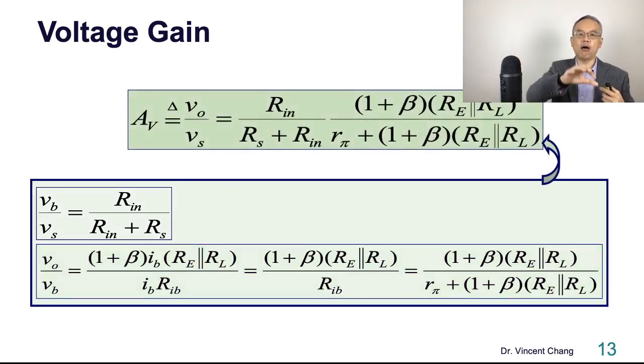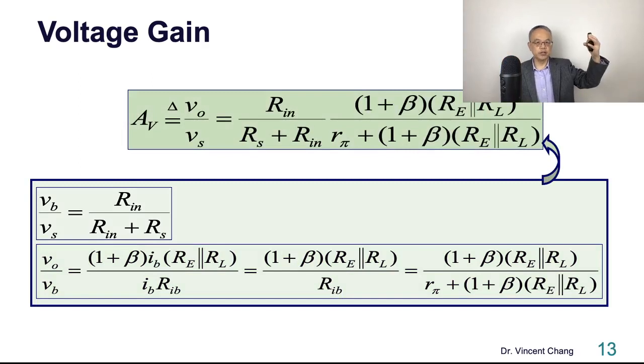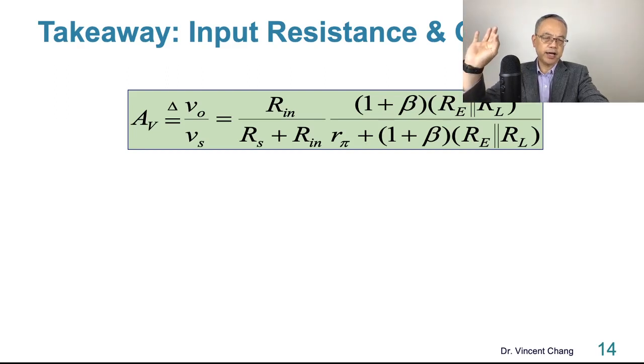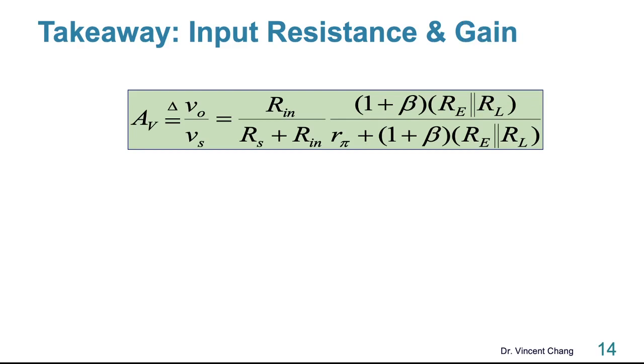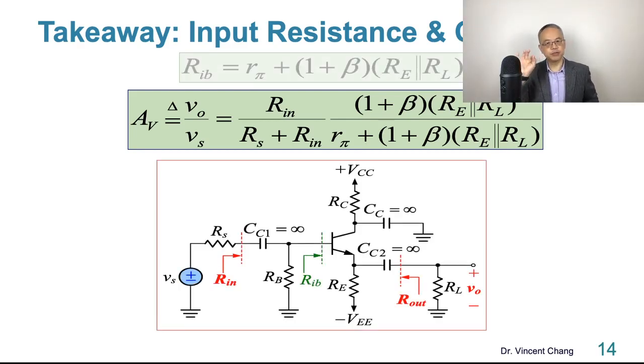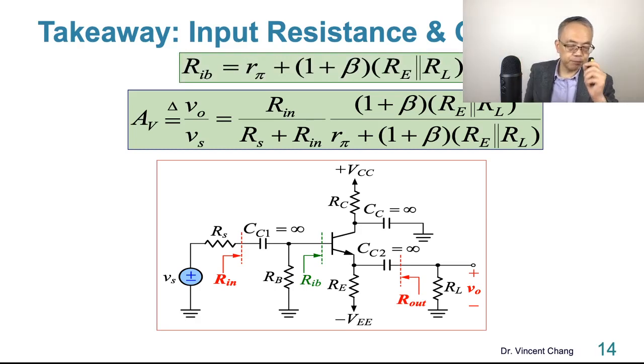The overall voltage gain, VO divided by VS. So here's the takeaway. The two parameters we have analyzed for the emitter follower. The first one is the input resistance. The input resistance, R pi, the series component, remember this.